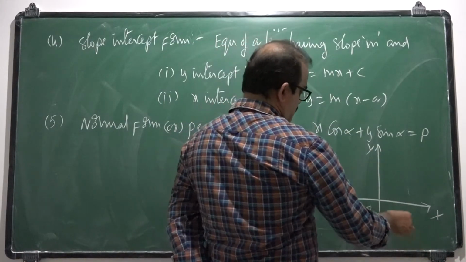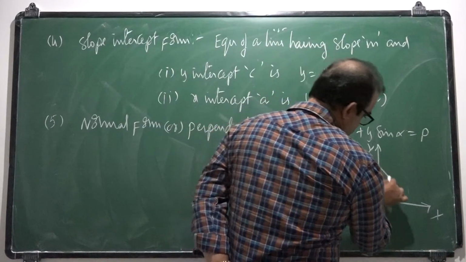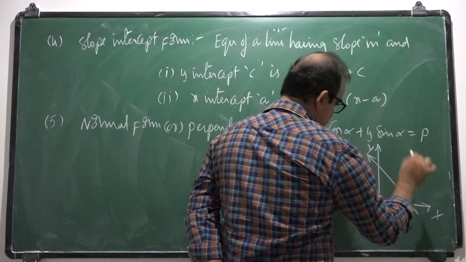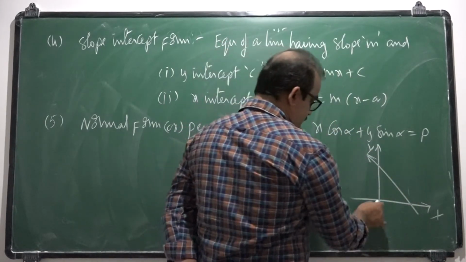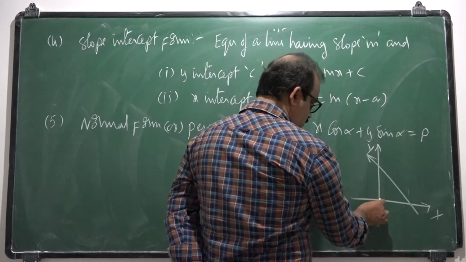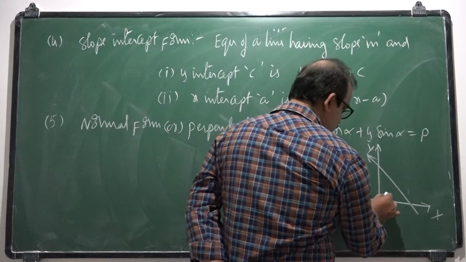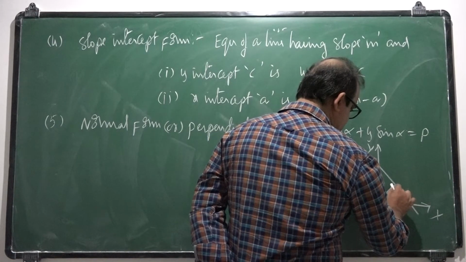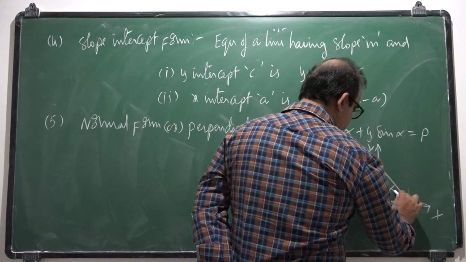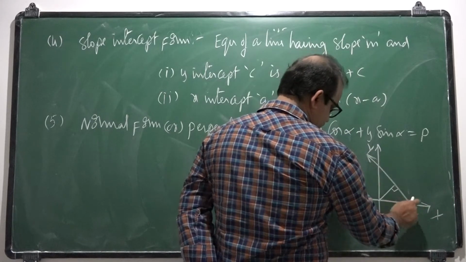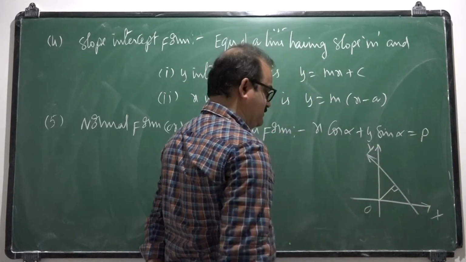Suppose the straight line is in this way. It is the origin. Now we take a perpendicular from origin to this line. This is the line perpendicular to the given straight line and passing through origin.